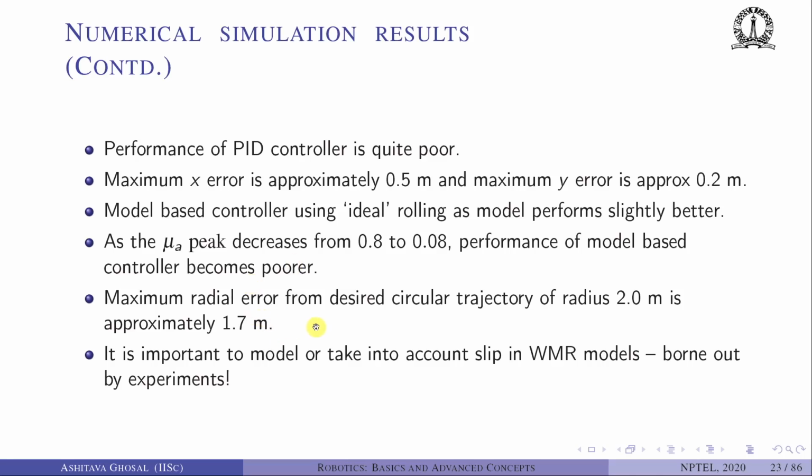Okay, so the maximum radial error from the desired circular trajectory of radius 2 is approximately 1.7 meters. It's quite a lot. So hence it is important to model or take into account slip in wheel mobile robots, and this was later borne out by experiments also.